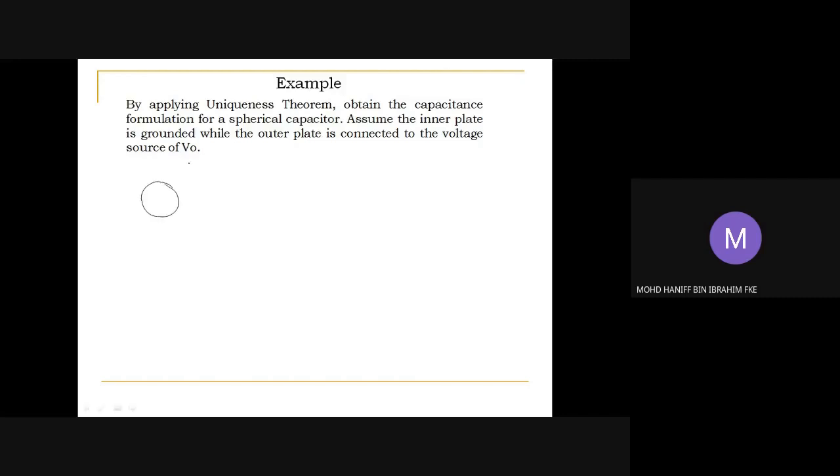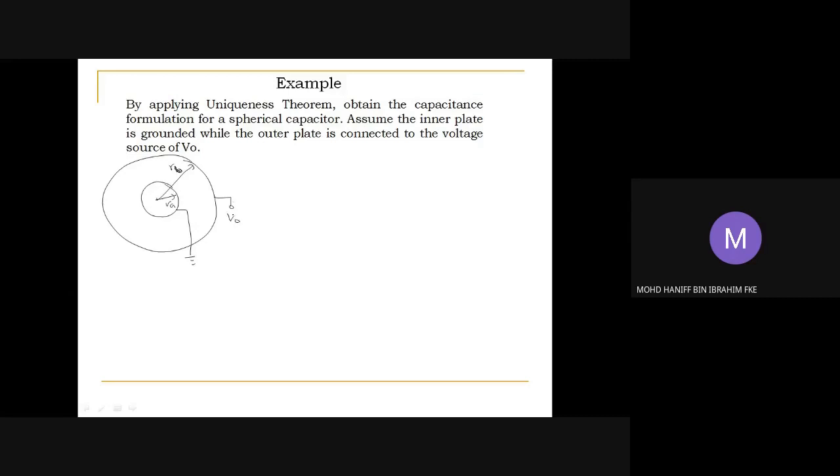For a spherical capacitor, it should look like this, where we have the inner conductor and the outer conductor. Let's say this is RA and that is RB. So that should be our radius given: the inner conductor of RA radius, the outer conductor of RB radius. The inner plate is said to be grounded, and the outer conductor has a potential of V0.